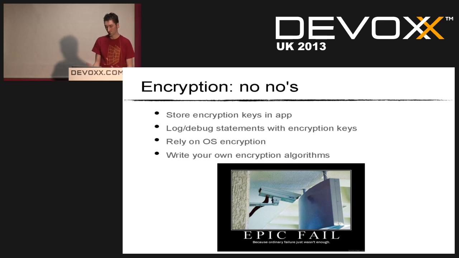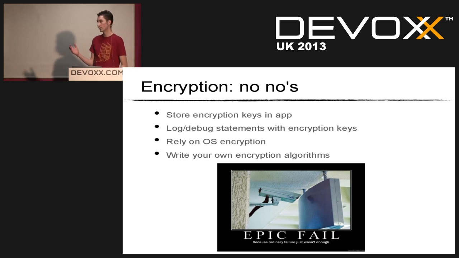So the no-nos for encryption are, don't store the key in the app. That's just like locking your front door and leaving your keys under your mat. What's the point? It sounds stupid, but don't log stuff out with encryption keys. That's pointless having them. Don't rely on OS encryption on the device.